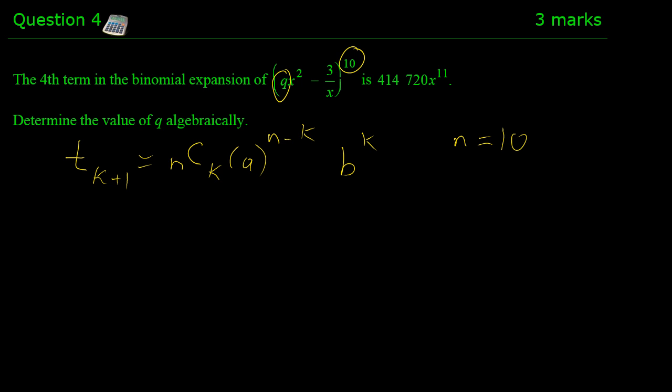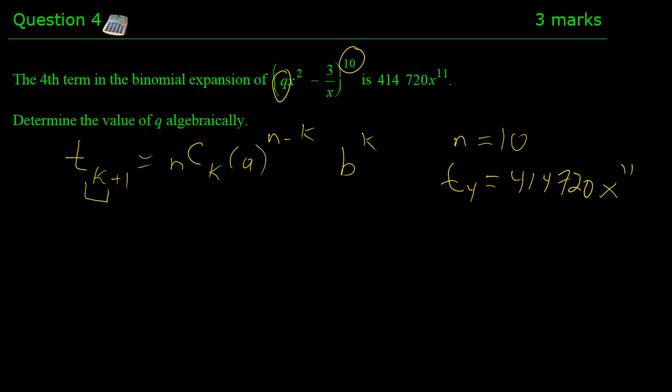The fourth term, all right, so we do have information about term 4. So term 4 is 414,720 x to the 11. The other adjustment we got to make is, if we have term 4, the value of k is not 4.